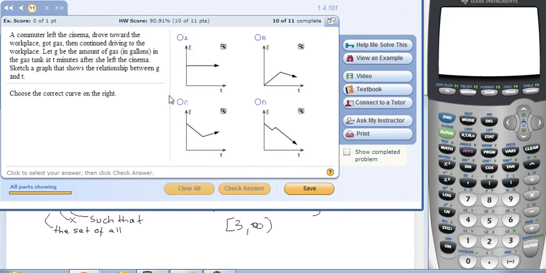And, oh, I love these. These are called curve sketching. And really what it is, is an interpretation of a graph. We have verbal over here, and we have graphical over here, and we're trying to match them up. We're trying to have this scenario represented in a graphical form. And sometimes it can be very difficult.